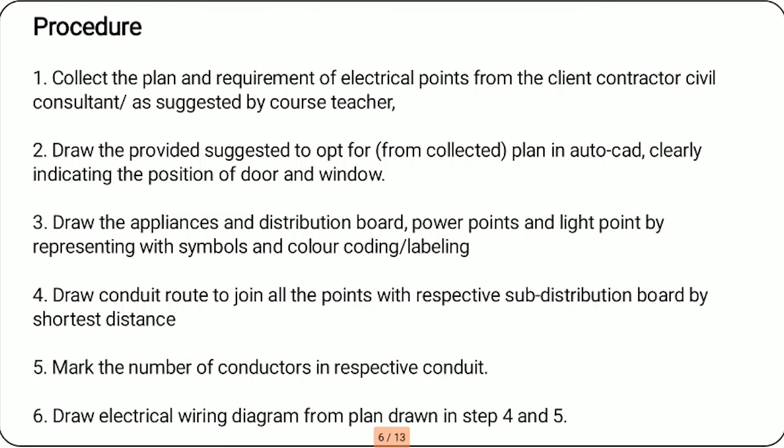Then draw the suggested plan in AutoCAD and clearly indicate the positions. Next, draw the layout of the HV installation representing the location of the components. Then specify the clearances clearly wherever essential, and use color labeling to make the diagram easy to understand.